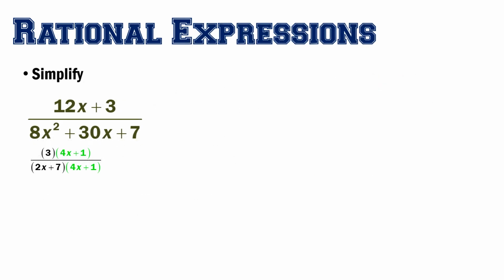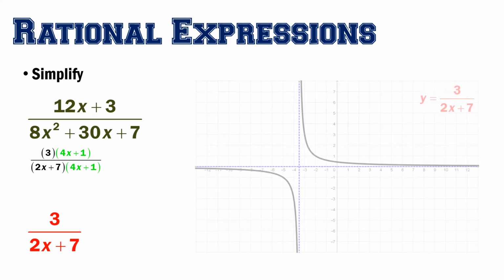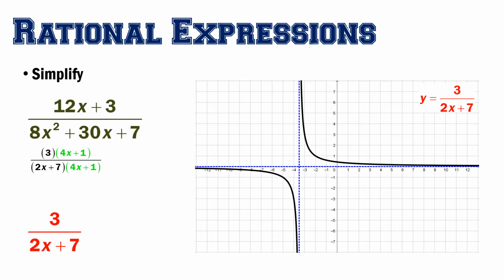After our original rational expression is simplified into 3 all over the quantity 2x plus 7, we can look at this newer simplified expression's graph and verify that its domain does not include negative 7 halves, as there is an infinite discontinuity and thus a vertical asymptote at x equals negative 3.5.